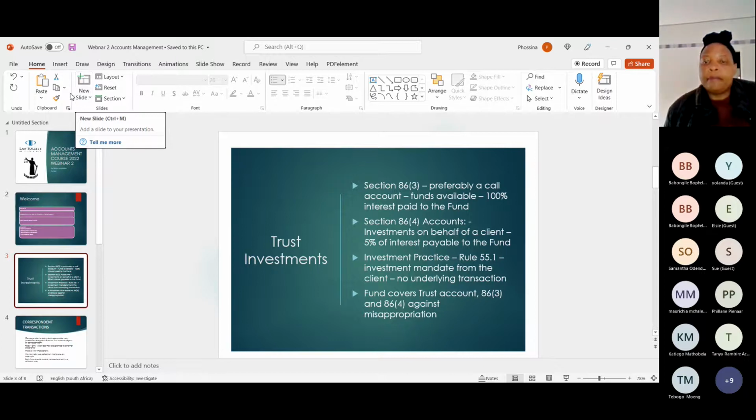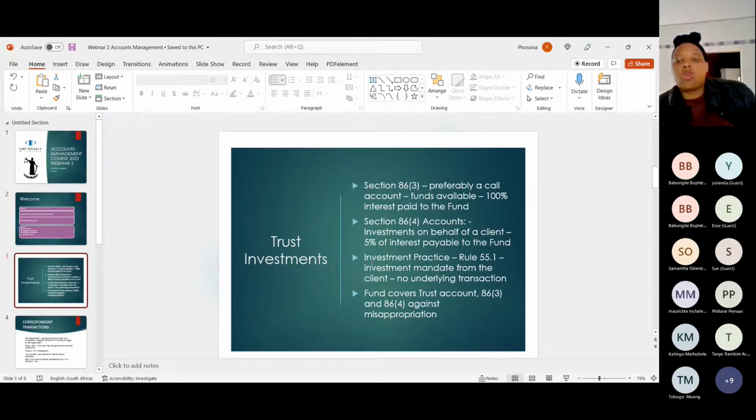Okay, and then there is also what is called an investment practice. An investment practice is when a practice decides to carry out investments on behalf of clients. So if a practice has quite a number of clients who are interested, without any underlying transaction, in having their funds invested, and they instruct the practice to say, okay, this is how we want our money to be invested, if it's more than 10 clients, then according to Rule 55.1, it becomes an investment practice.